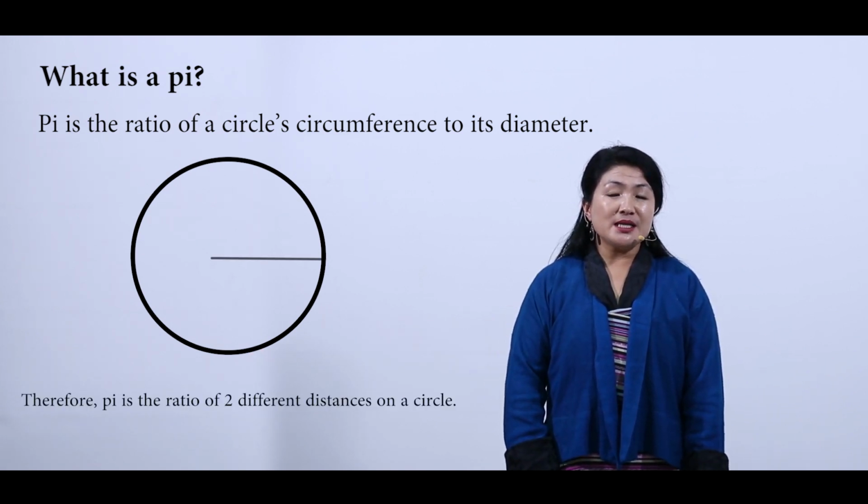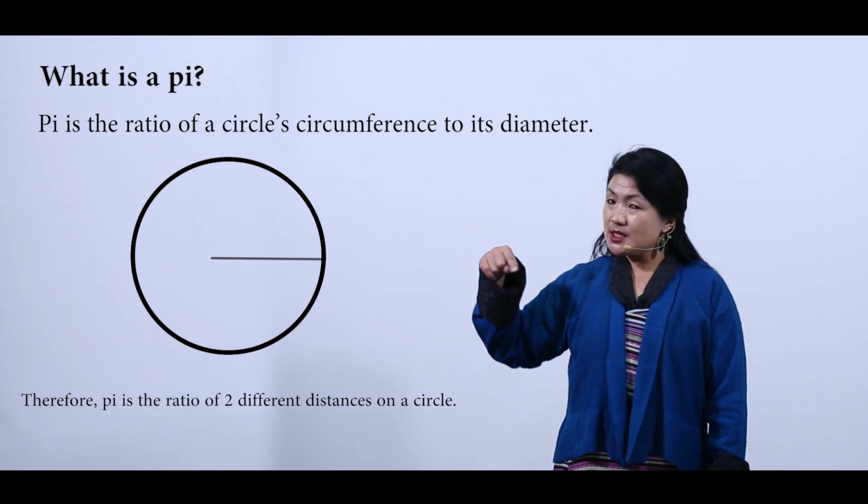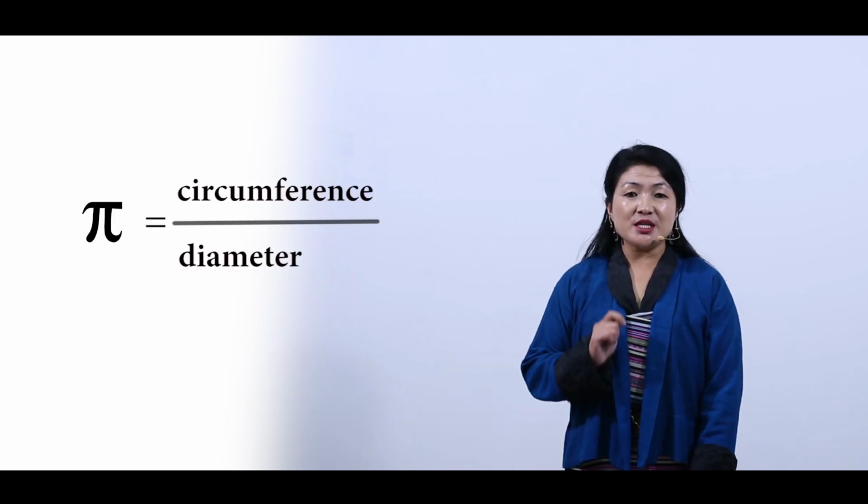Therefore, pi is the ratio of two different distances on a circle. That is distance around the circle and distance across the circle. So let's say distance around the circle is the circumference of the circle, and distance across the circle is the diameter of the circle.